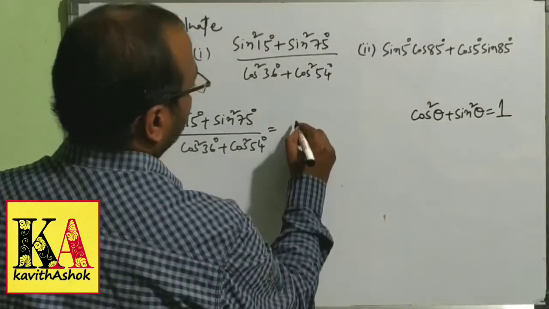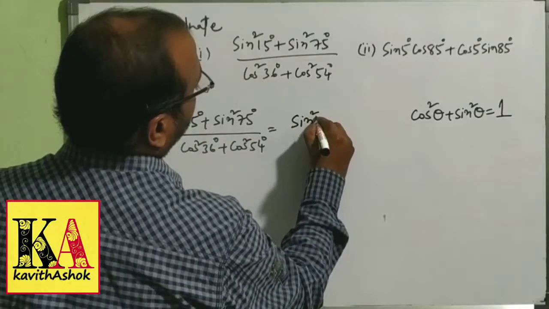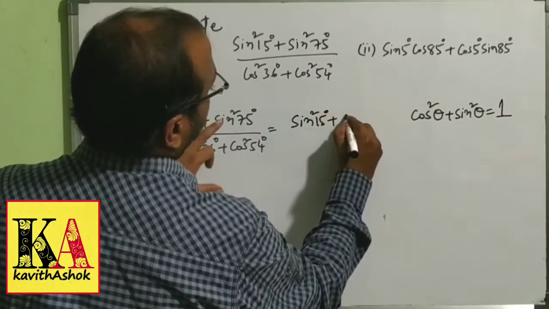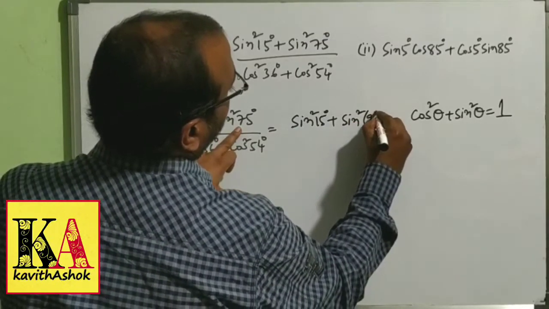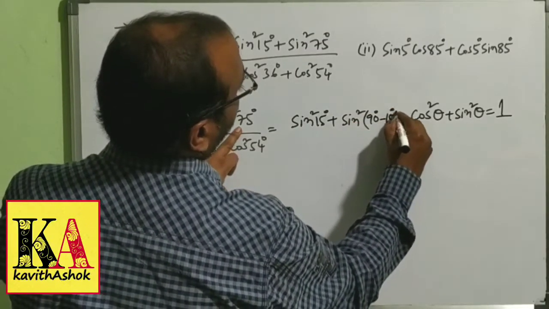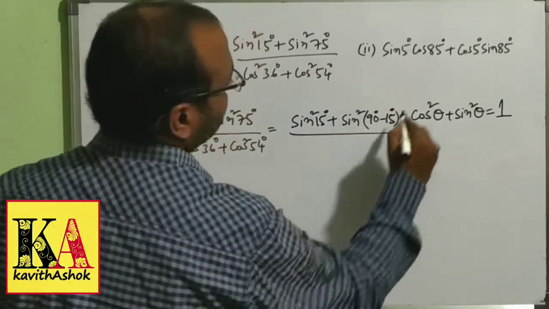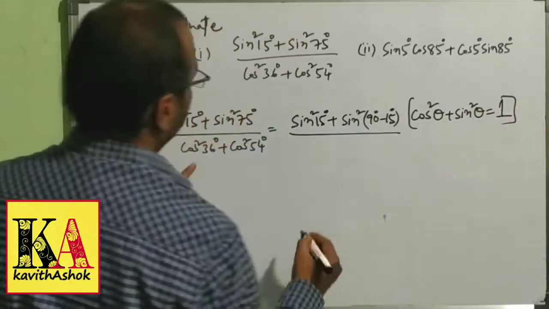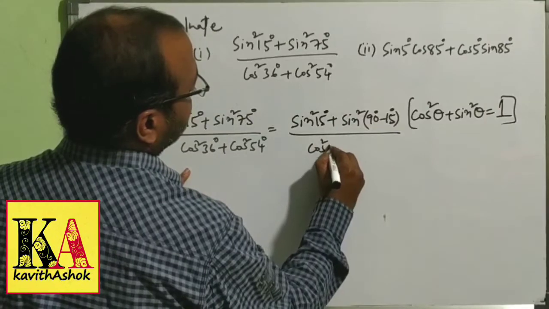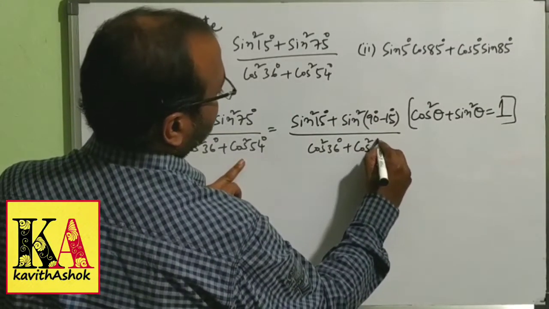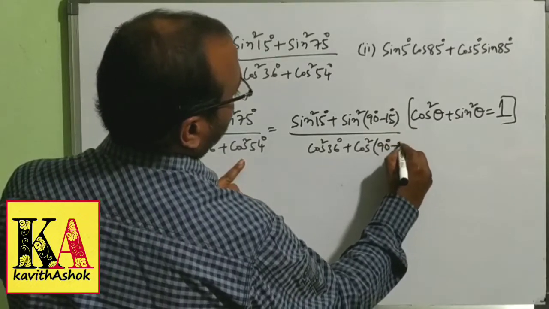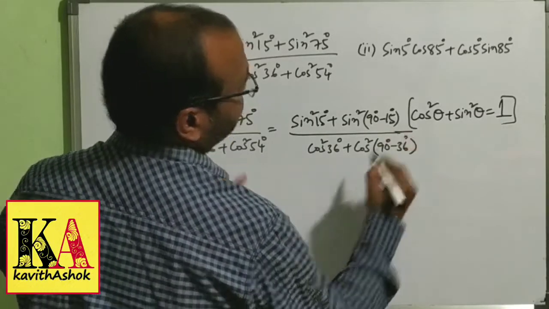Now, sine square 15 degrees plus sine square, I am writing this as 90 degrees minus 15 degrees, by cos square 36 degrees plus cos square, again I am changing this as 90 degrees minus 36 degrees.